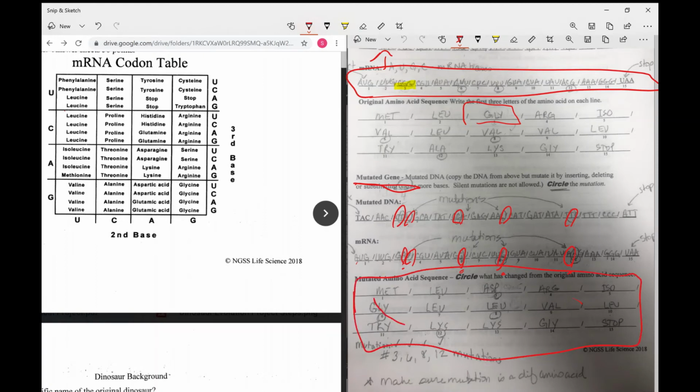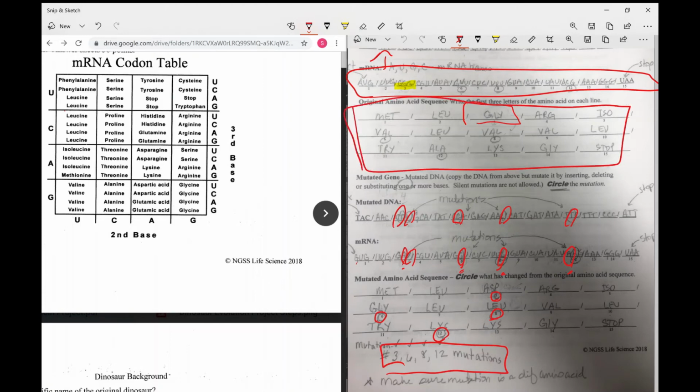So I can copy and paste this down here, and I'm going to change my mutations where they are. So I wrote them down here. I have my number 3 was changed, 6 was changed, 8 was changed, and 12 was changed. So my amino acid sequence up here can be written identically down here, but changing those 4 different amino acids and using the codon table to change it.